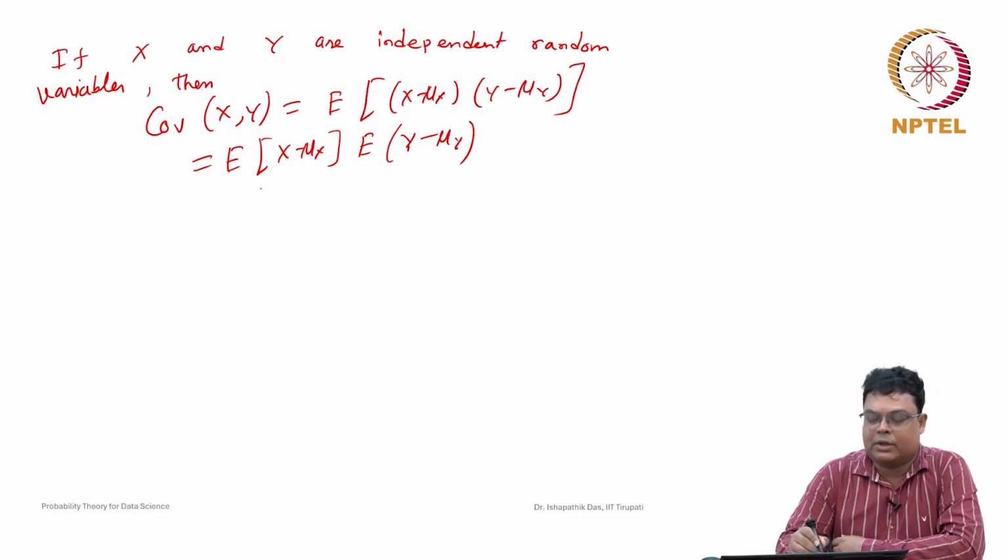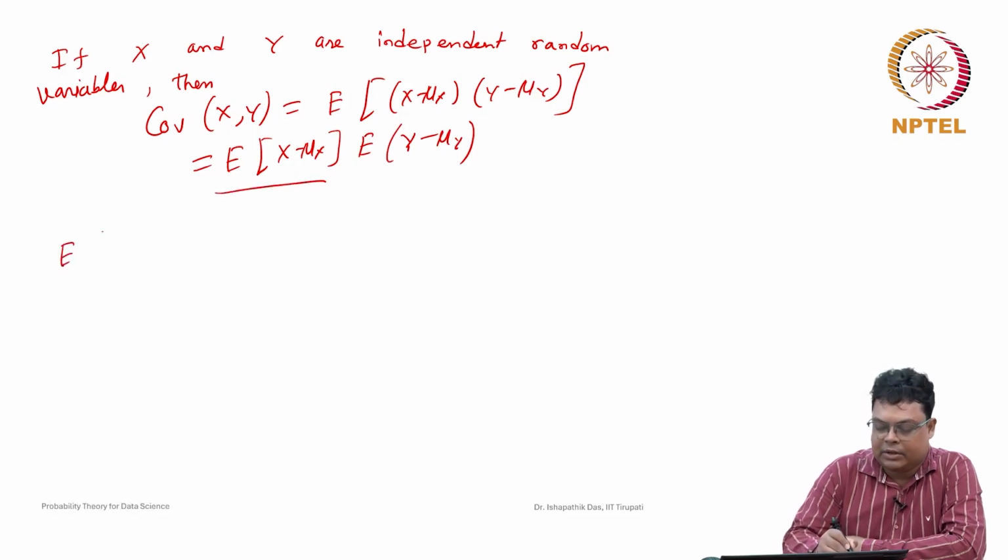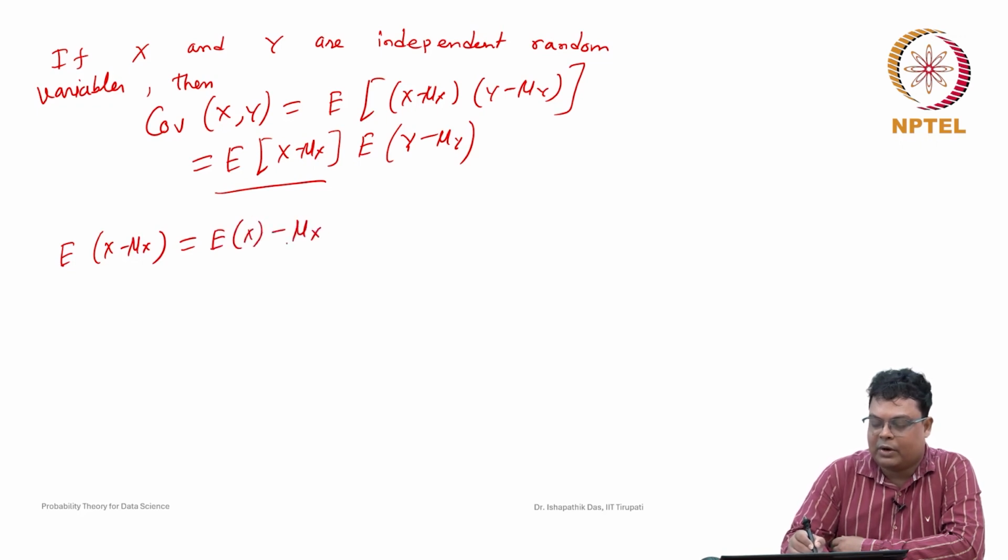So, what is this? By the properties of expected values, the expected value of x minus mu_x is the expected value of x minus the expected value of mu_x. But what is mu_x? Mu_x is a constant, and the expected value of x, with the notation, is mu_x.